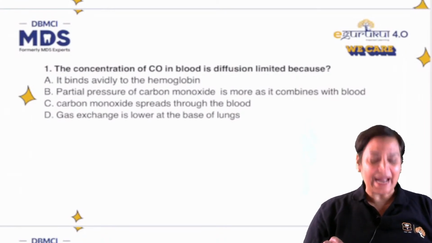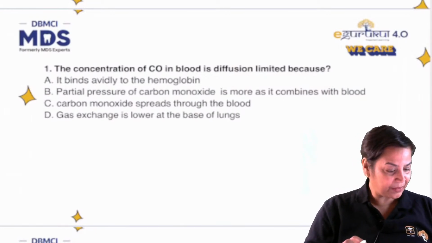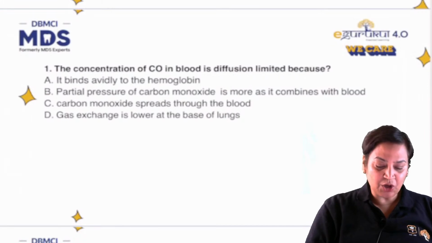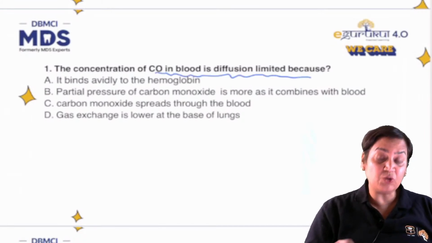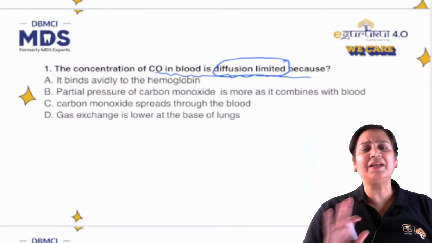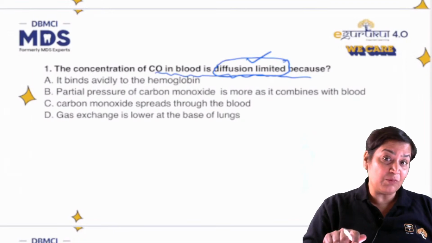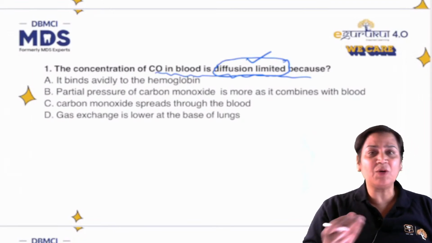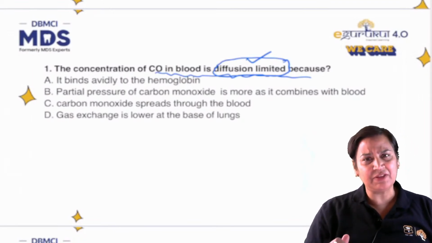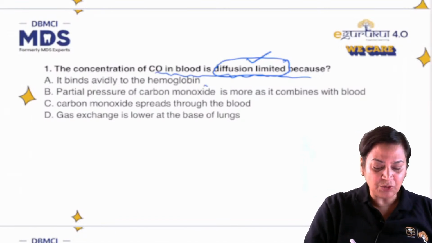So, if we look at question number 1, the question says the concentration of carbon monoxide in the blood is diffusion limited. Now, if we look at the quality of this question, it's a very simple and straightforward question. Why is carbon monoxide movement in the blood diffusion limited? Because it has a very strong affinity with hemoglobin, and it will immediately bind to hemoglobin.